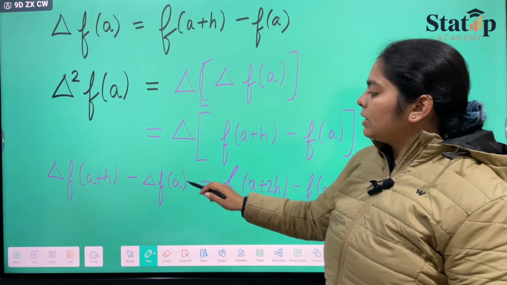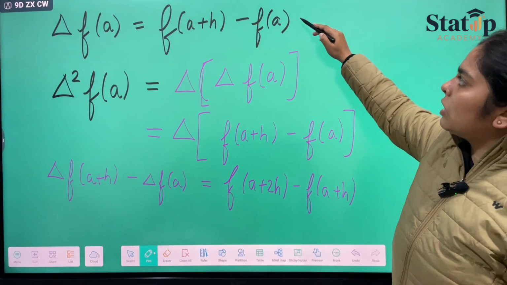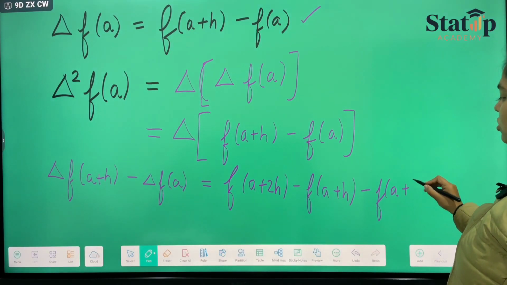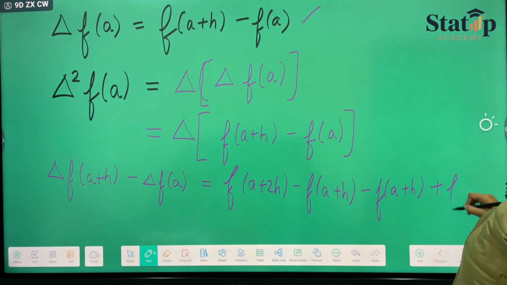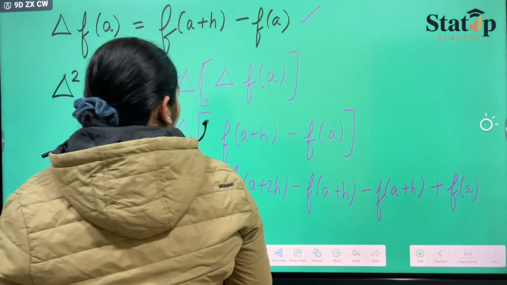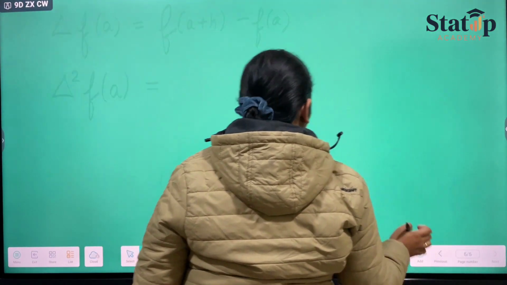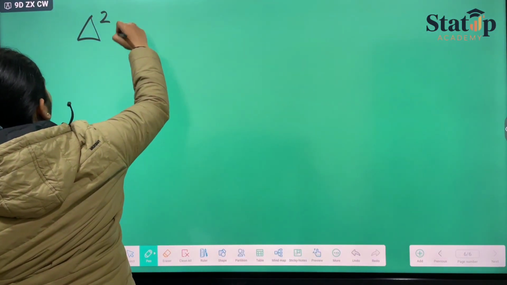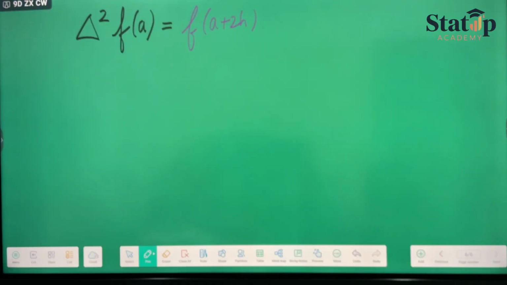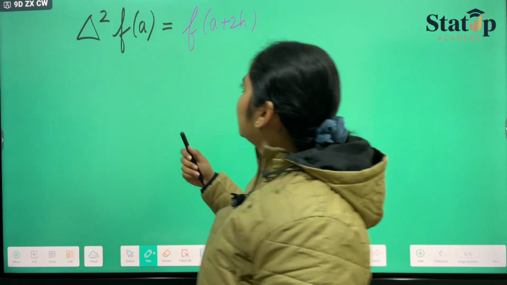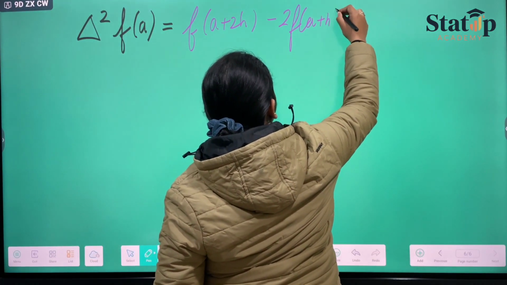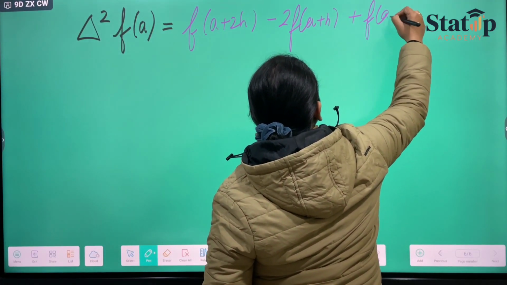And minus of delta f(a), which is f(a+h) minus f(a), so minus of f(a+h) plus f(a), because there is a minus sign, so it will become plus. So our final answer of delta square f(a) would be f(a+2h) minus 2f(a+h) plus f(a), right?